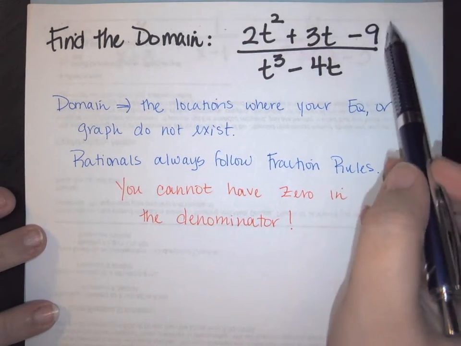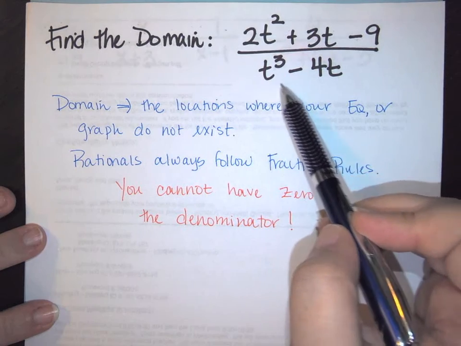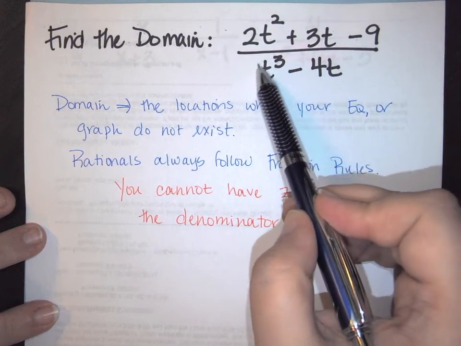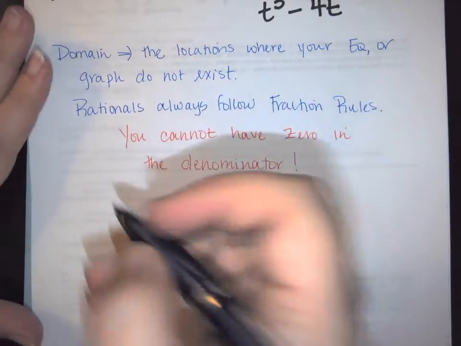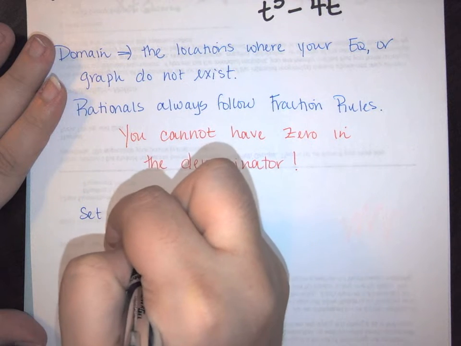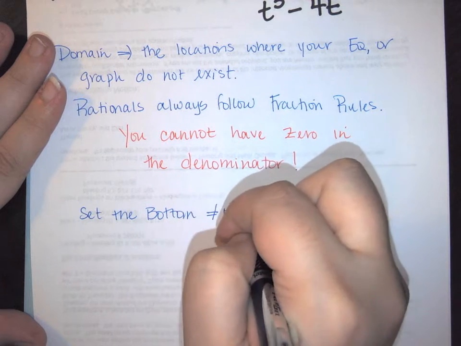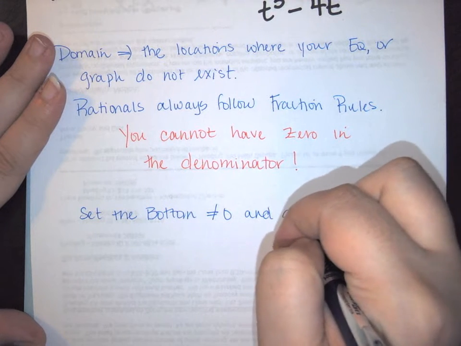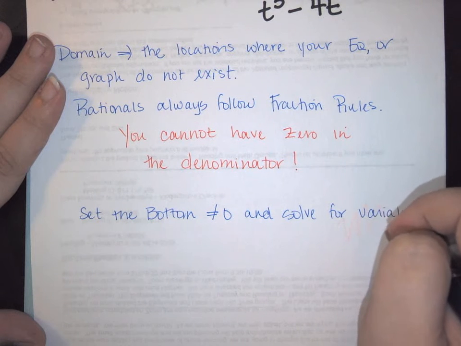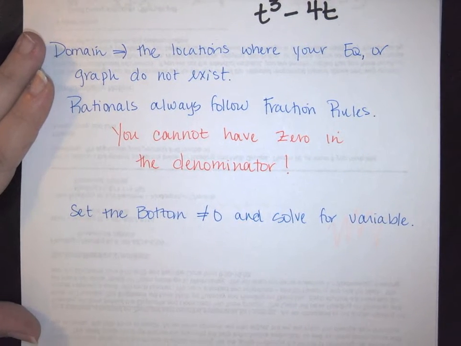We've got this rational here, and in order to find the domain, we need to know what values in this denominator would cause 0. So you set the bottom not equal to 0 and solve for the variable. That's the step that we have.